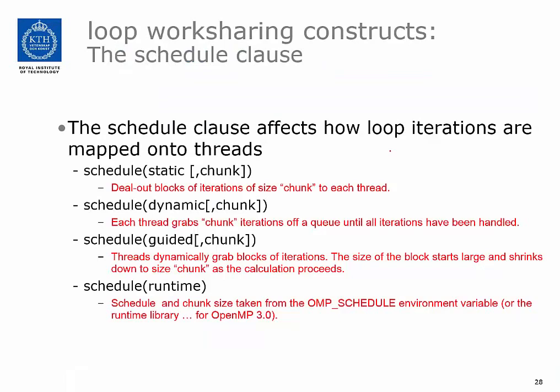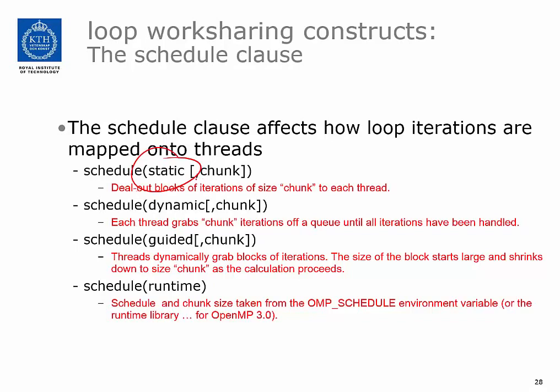So the different iterations may be scheduled in different ways, because it might be the case that the different iterations have different computational demands. The default is most often static, where you take the number of iterations divided by the number of threads as the number of chunks to hand out.